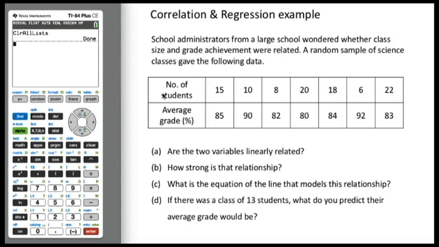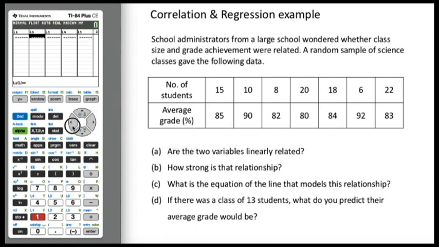Okay, so I'm going to enter some statistics. So stat, edit. And now I've got to think quickly about which one's X and which one's Y. I think, and I think this is what the school administrators think too, that your grade depends on how big your class is.